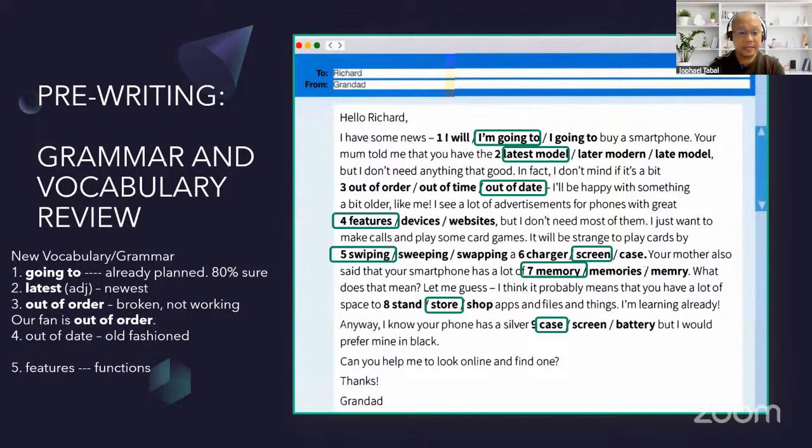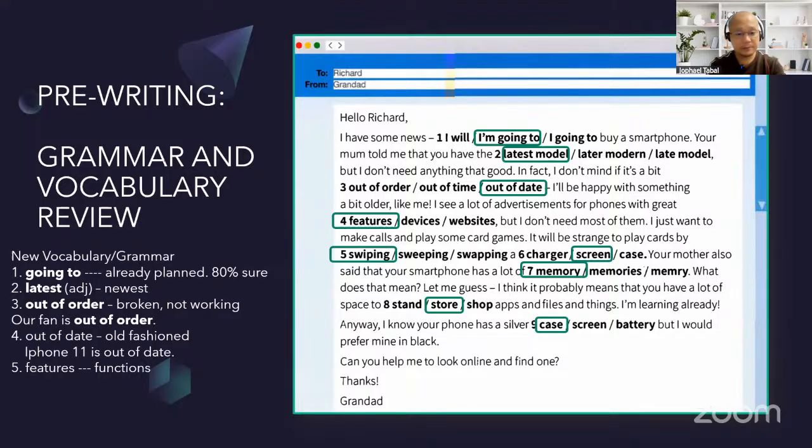And out of date means old-fashioned. So for example, iPhone 11 is out of date. Maybe. Yes, I'm using iPhone 11 and it's out of date, meaning old-fashioned, old. And features, functions.